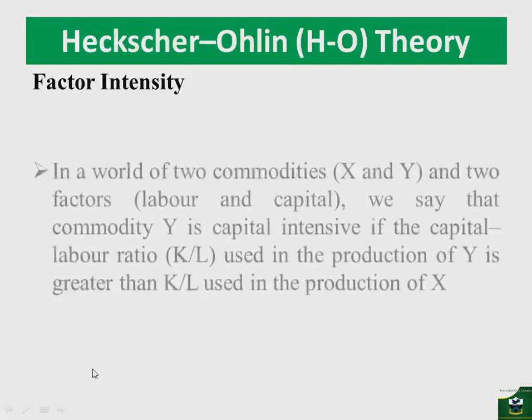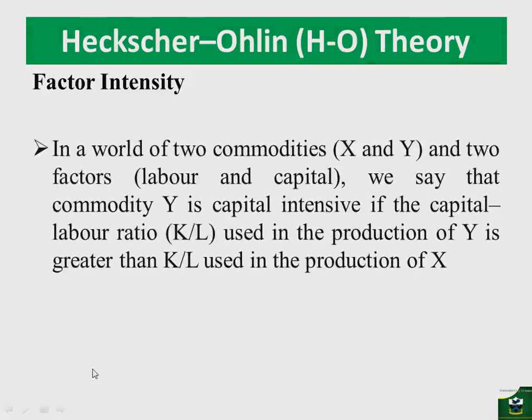So here in the world of two commodities, X and Y, and two factors, labor and capital, we say that commodity Y is capital intensive if the capital labor ratio used in the production of Y is greater than the capital labor ratio used in the production of commodity X.